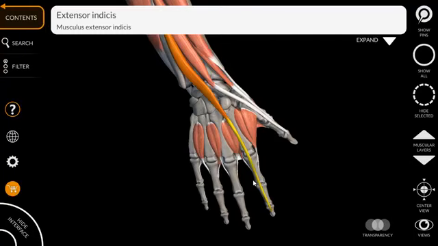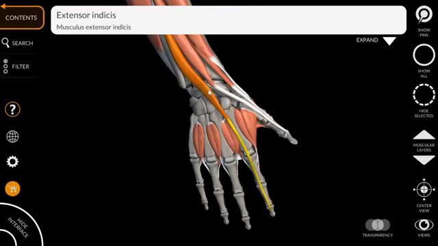And what does it do? It extends the metacarpophalangeal joint of the index finger. Metacarpophalangeal joint of the index finger. That is the joint between the metacarpal bone and the phalanx.